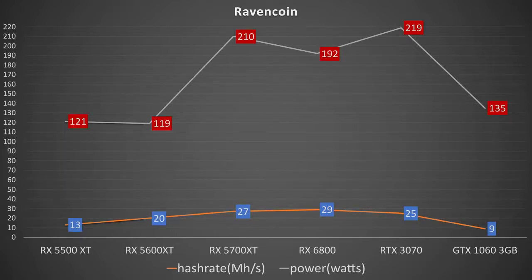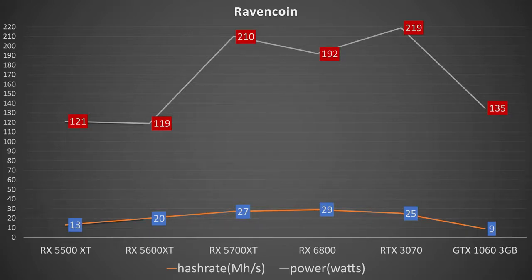On this chart we have the RX 5500 XT, and with that we have 13 megahash a second at 121 watts. On the RX 5600 XT we have 20 megahash a second at 119 watts. On the 5700 XT we have 27 megahash a second at 210 watts.